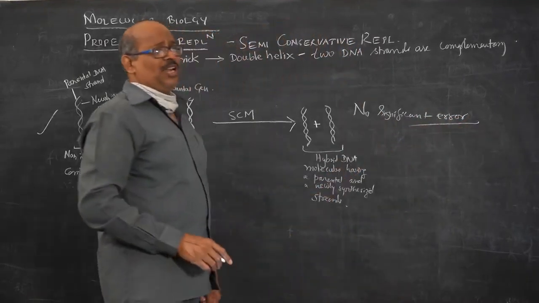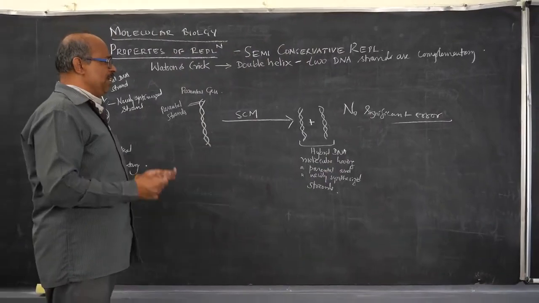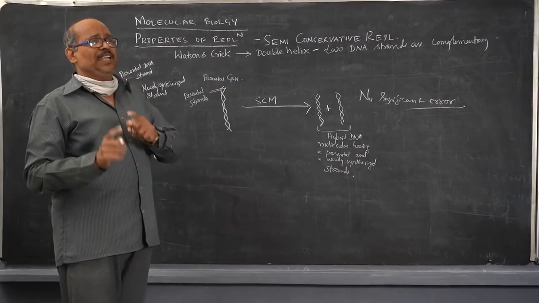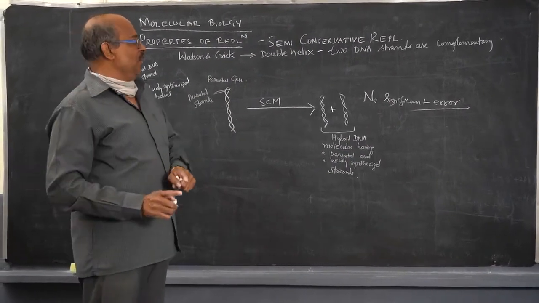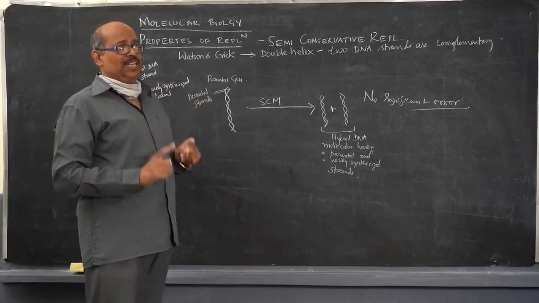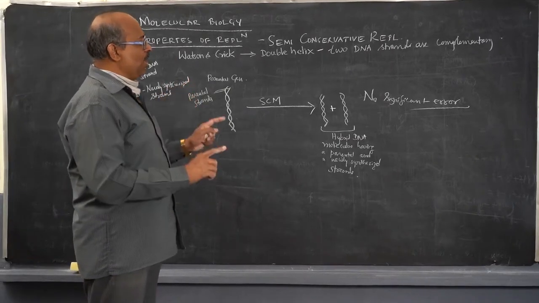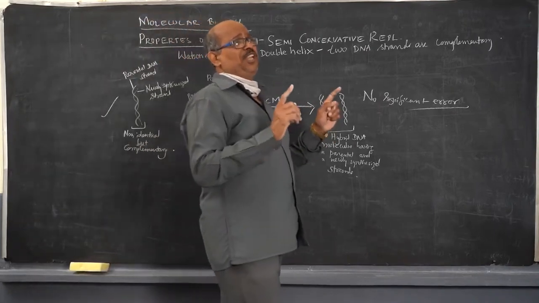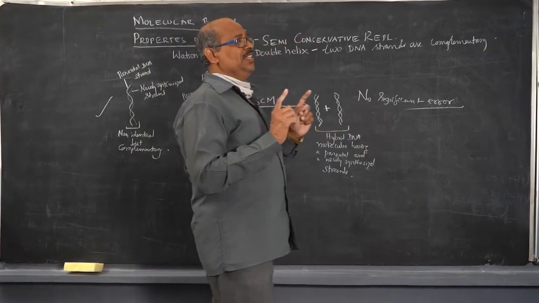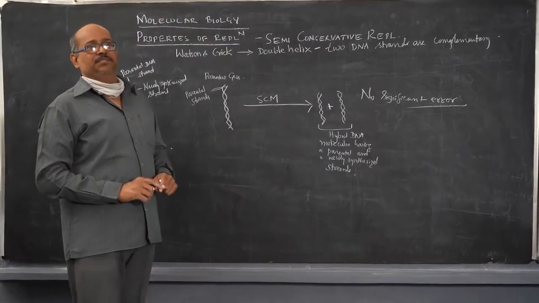So it doesn't matter what happens during the replication, there may be errors taking place, but once the replication process is completed, once the second strand also gets methylation, then you have no significant frequency of error in the DNA replication mechanism.